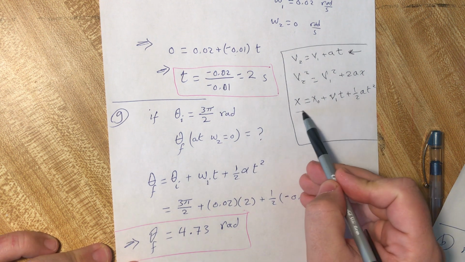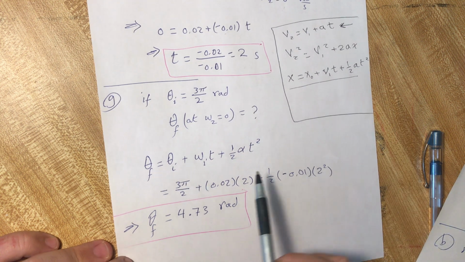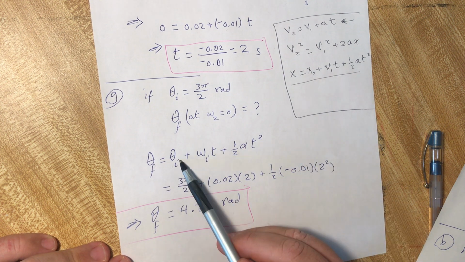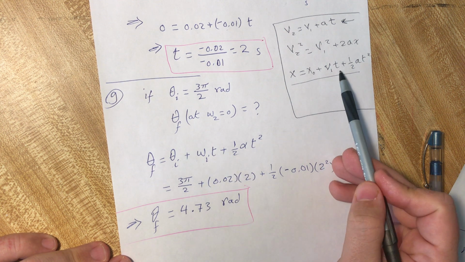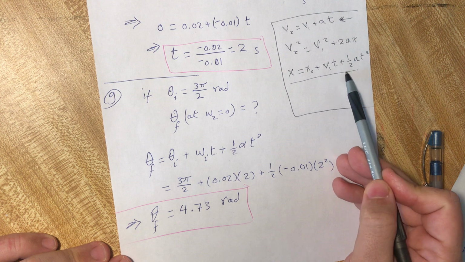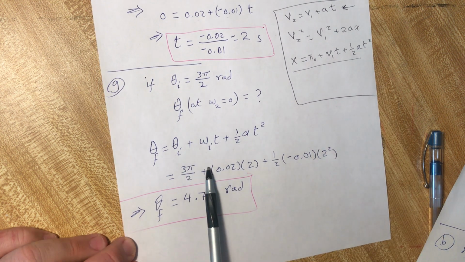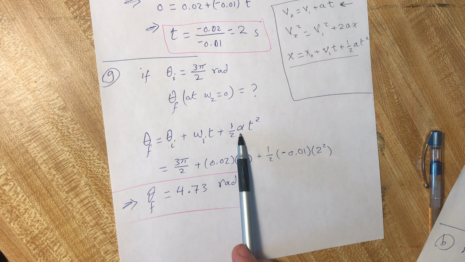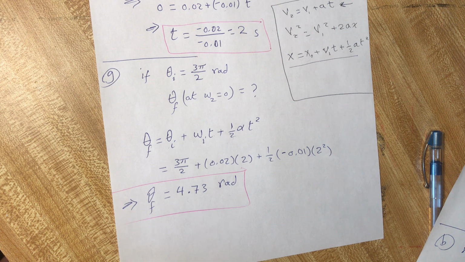We will use this equation but in angular motion version, which is theta final is equal to theta initial plus omega initial multiplied by the time, plus half the acceleration multiplied by the time squared. Just put the numerical values. Don't forget that the acceleration is negative. Then theta final is equal to 4.73 radians.